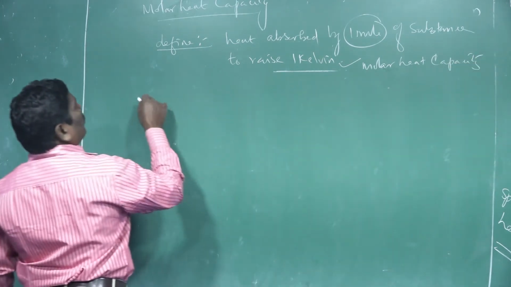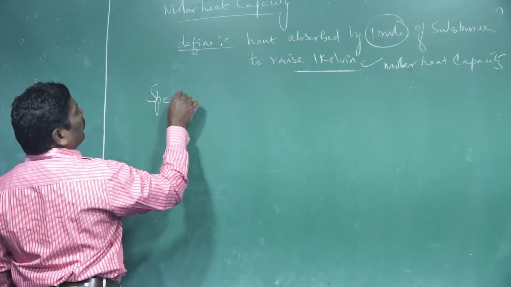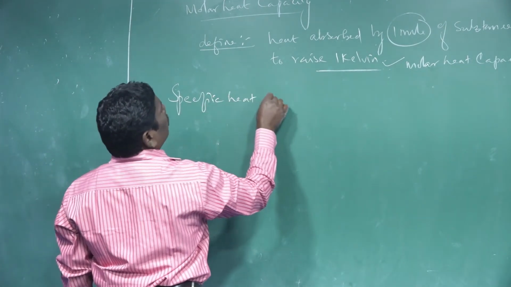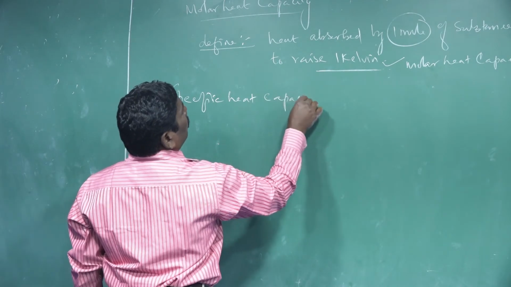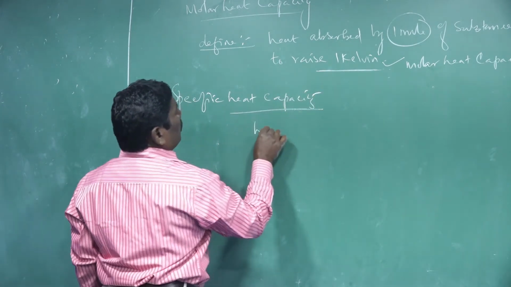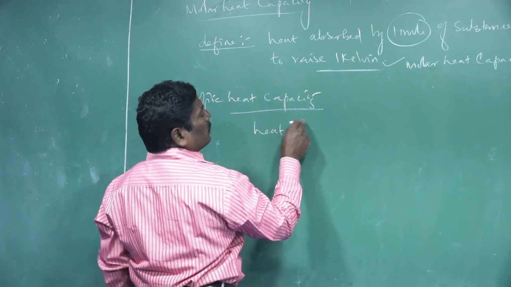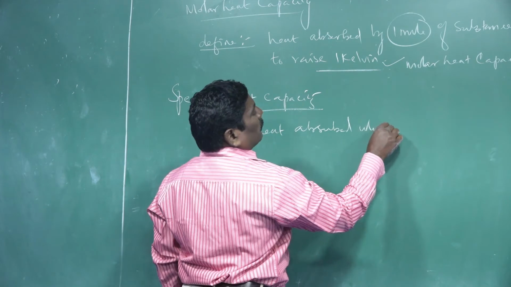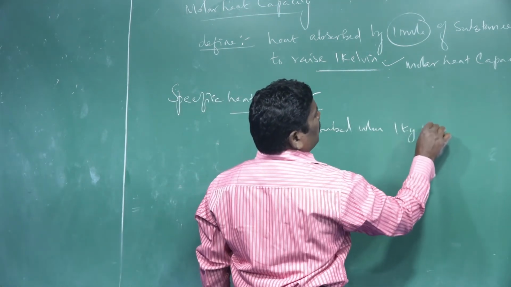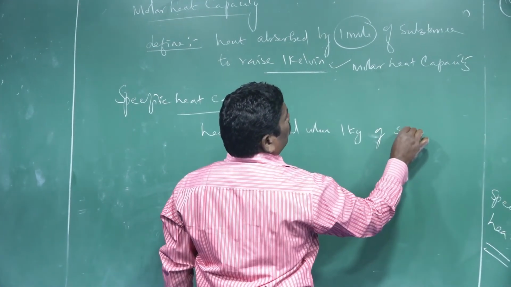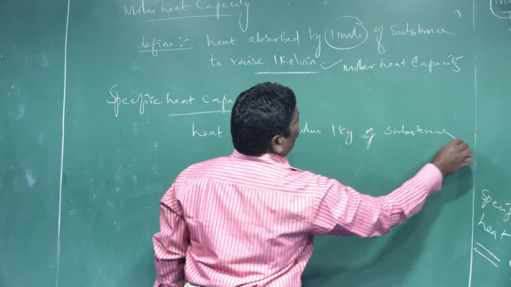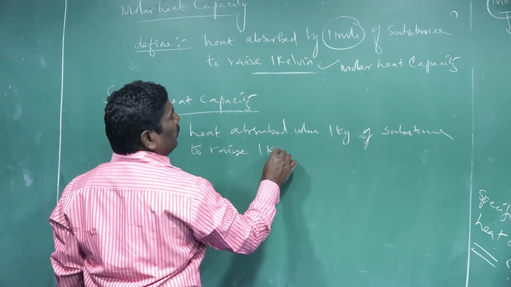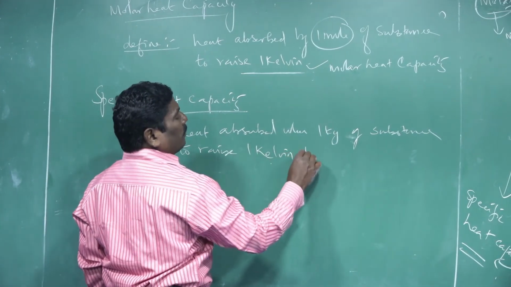The point you should write: specific heat capacity is the heat absorbed when 1 kilogram of substance rises 1 Kelvin in temperature.